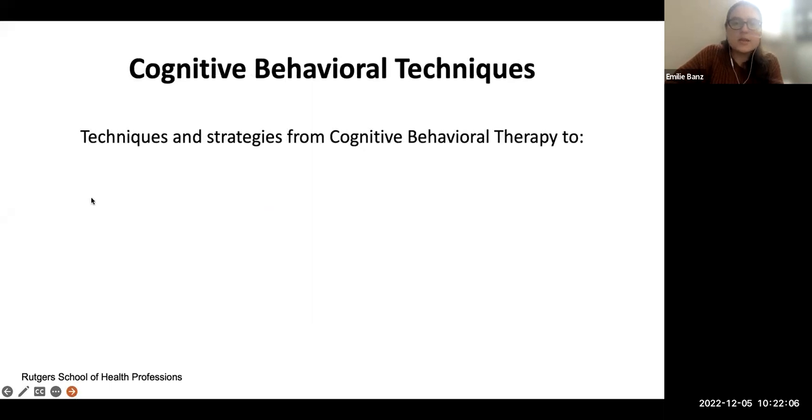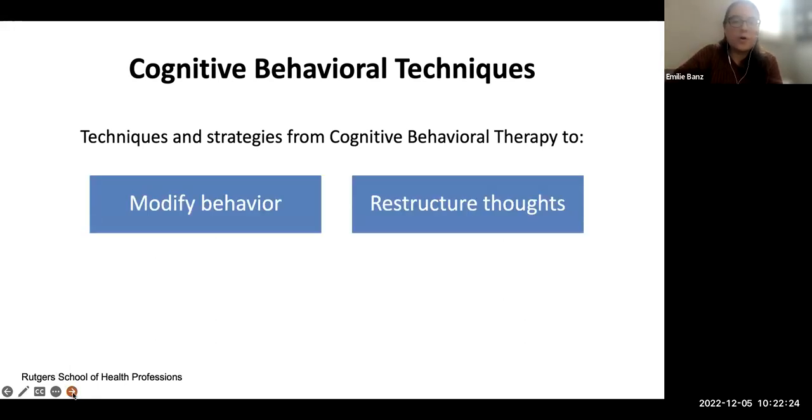All right, so let's get into cognitive behavioral techniques. Cognitive behavioral techniques are different techniques and interventions that you might see used when a therapist is utilizing cognitive behavioral therapy, but they're not therapeutic in nature, okay? So two different things you can do are look at behavior modification and restructuring thoughts.